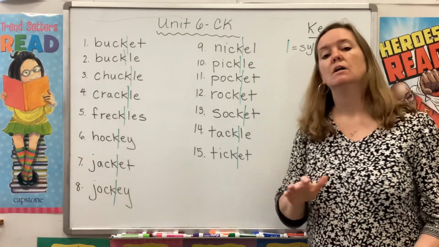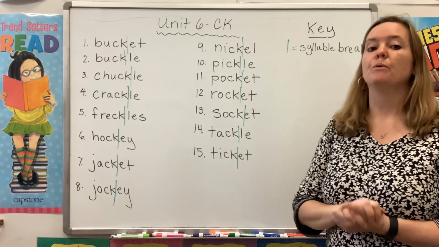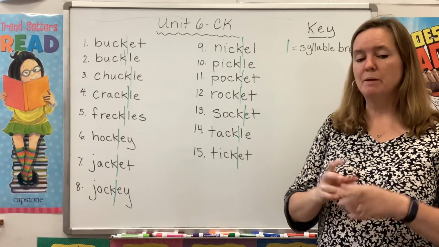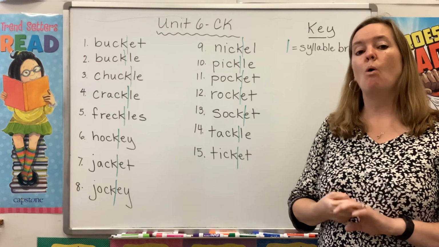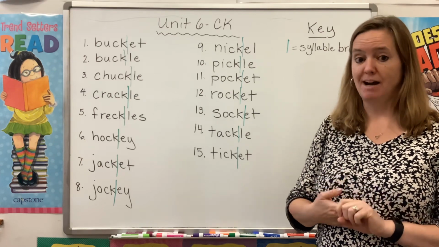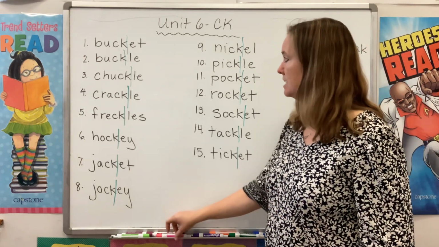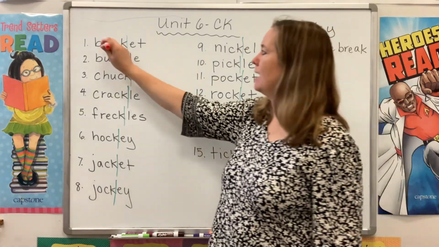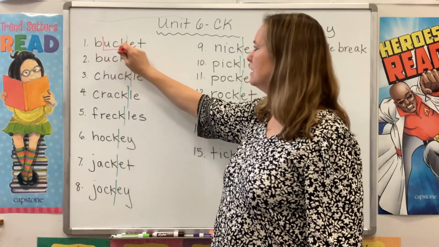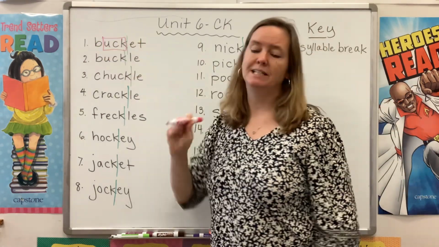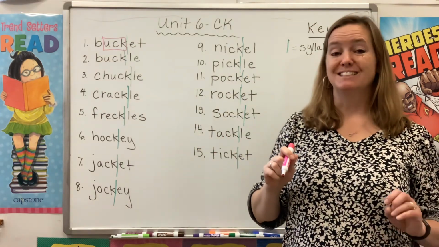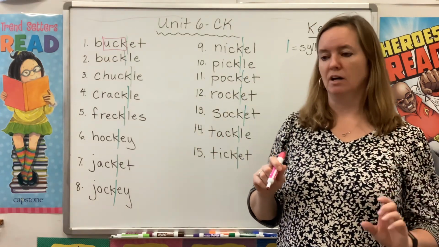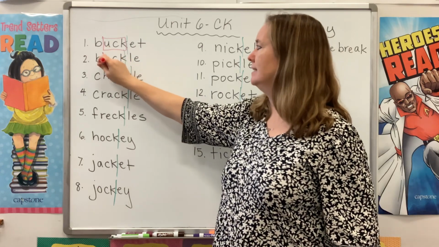Okay. Now, I want to prove to you that CK only shows up at the end of a syllable and only after a short vowel. So, let's choose another color, and I want you to put a box around the UCK in bucket, because I want you to see that uck chunk. There it is again.